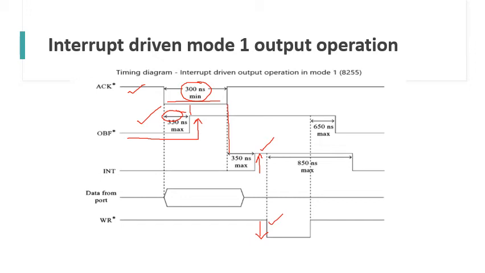So, the interrupt signal goes low after a maximum of 850 nanoseconds from the activation of the write signal. Also, since there is unread data at the output buffer, the output buffer signal should also become 0 after a maximum of 650 nanoseconds from the end of this write pulse.